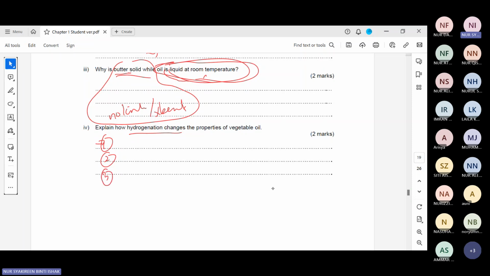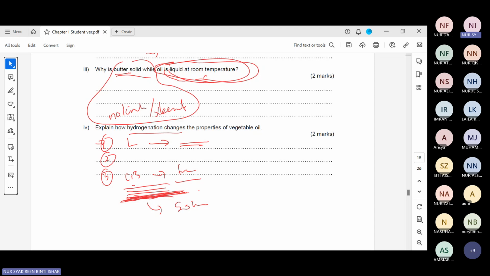Okay, and then another point you can add adalah hydrogenation changes cis double bond to trans double bond, okay, making the fat molecule a straight molecule, right? So therefore it is solid at room temperature. Kan? So cis kepada trans, fat molecule tu akan lebih straight. Okay, hydrogenation daripada bent dia jadi straight. Kan? So by having straight molecules, the fat molecule can stack upon each other.